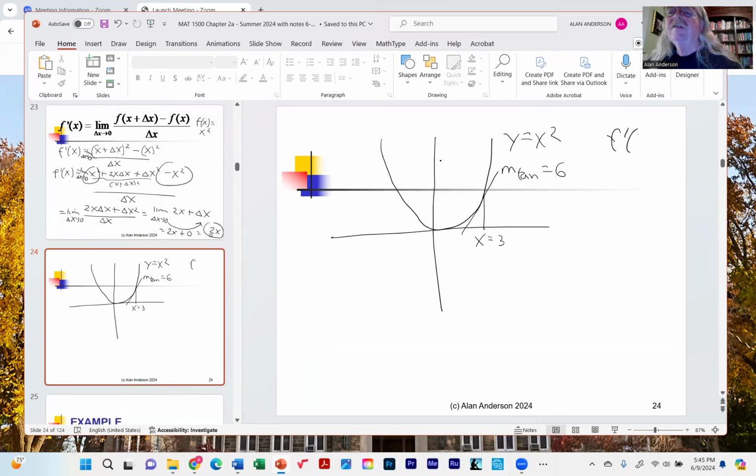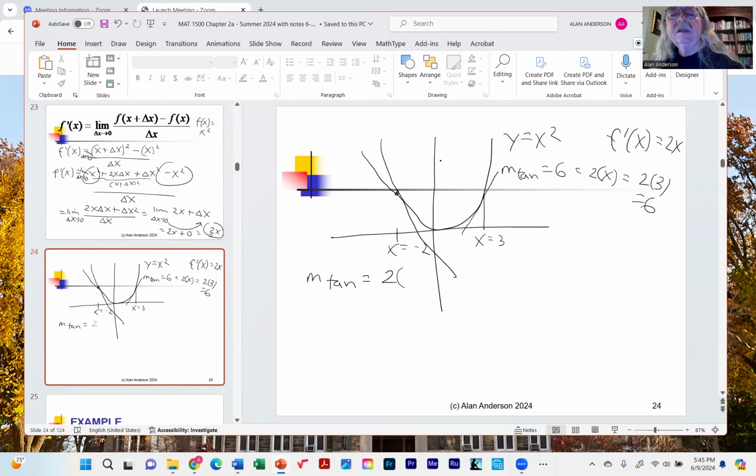since the derivative f prime of x is 2x, if I were to pick instead, let's say x equals -2, and by the way, you'll notice this slope is twice the value of x. It's not a coincidence. So here the slope is going to be 2 times -2, which is -4.